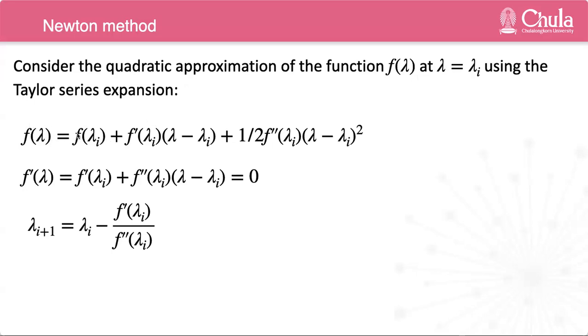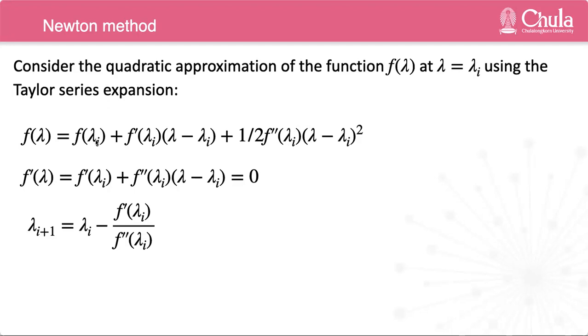We can write the function by using 2 terms, and it becomes a quadratic function, of course. And what do you need here? You need only one point, the fixed point lambda i.